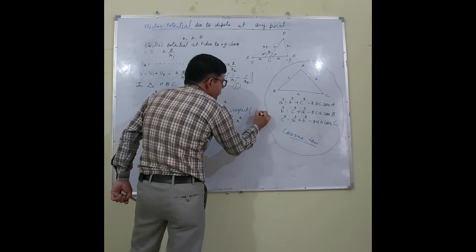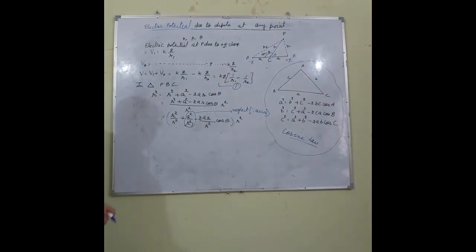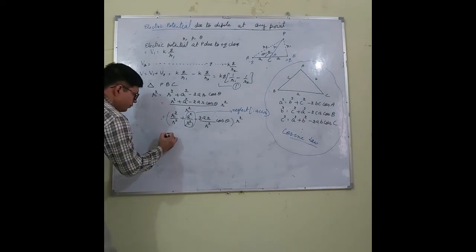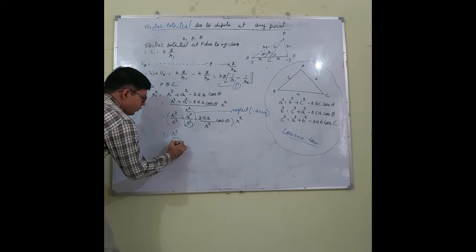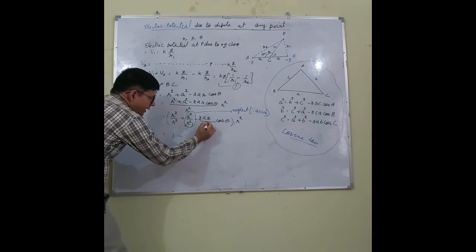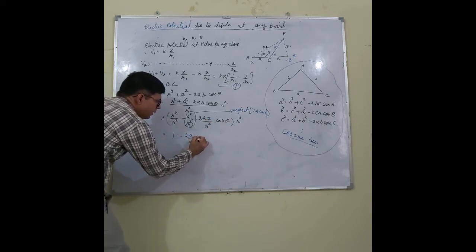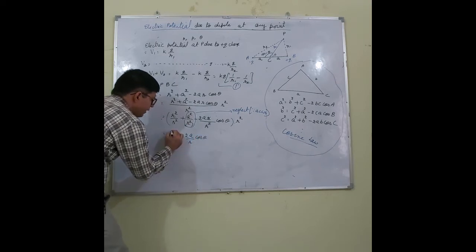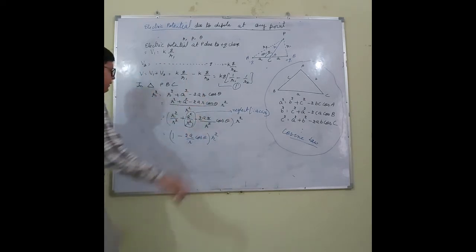Because A is much smaller than R. So I can write R square, by R square 1, R gets cancelled, minus 2A by R cos theta, multiplied by R square. Right?